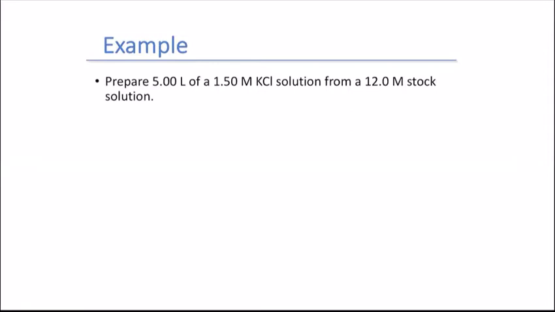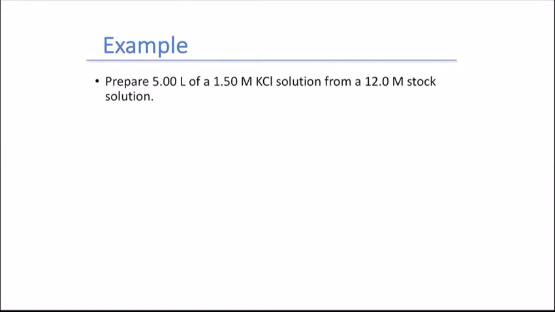So let's practice. If we prepare a 5-liter solution of a 1.5 molar potassium chloride solution from the stock solution of 12 molar, how much of the stock solution do we actually need? We're given the final volume, the final concentration, and the initial concentration.